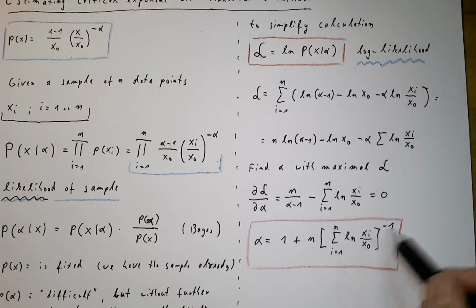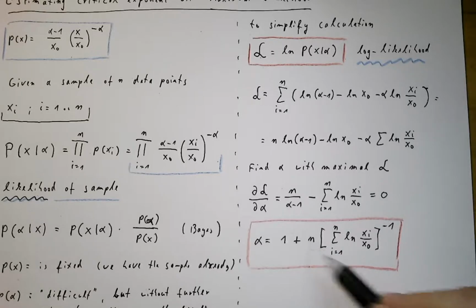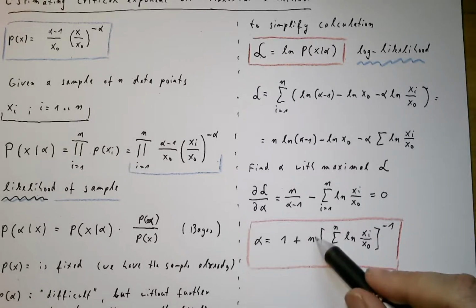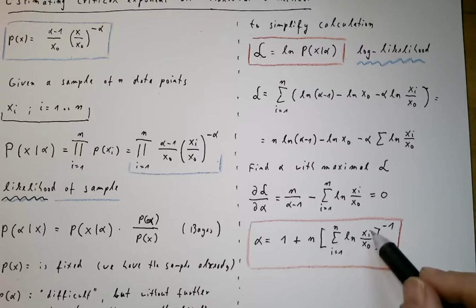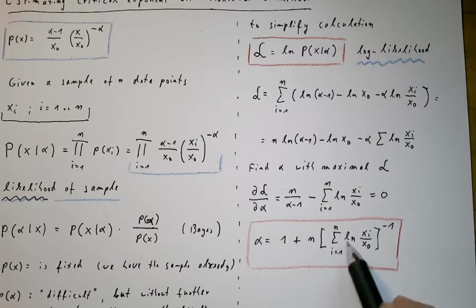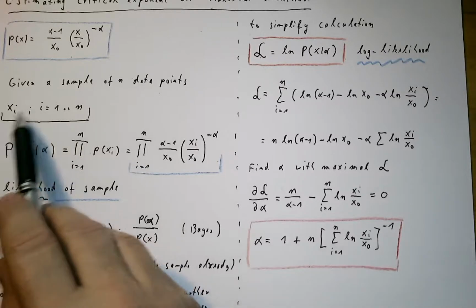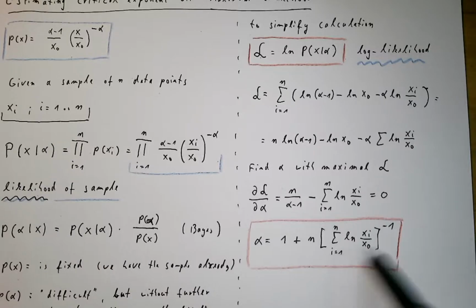It's just an average, so you have the average value of this logarithm of xi over x0, and this gives us the estimation of alpha minus 1, so the critical exponent is 1 plus this here. And this is a simple formula. So if we have given our sample, we just can plug this in, calculate this, and then we obtain our alpha.